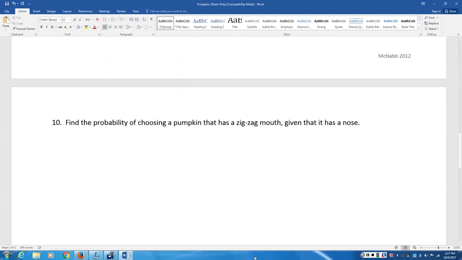And then the last one says, find the probability of choosing a pumpkin that has a zigzag mouth. And what's the given condition? It has to have a nose. How many pumpkins have noses? 16?